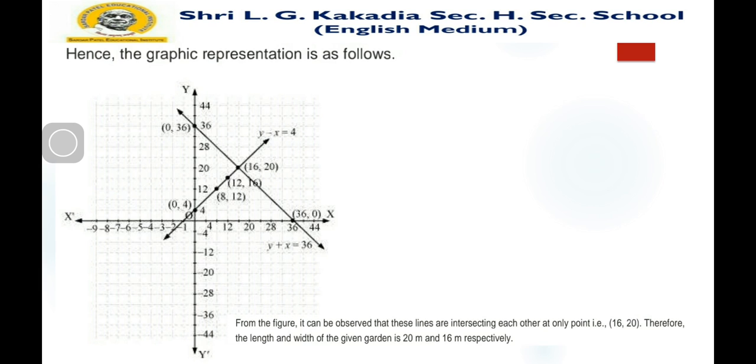Hence from the figure it can be observed that these lines are intersecting each other at only one point, that is 16, 20. Therefore the length and the width of the given garden are 20 meters and 16 meters.